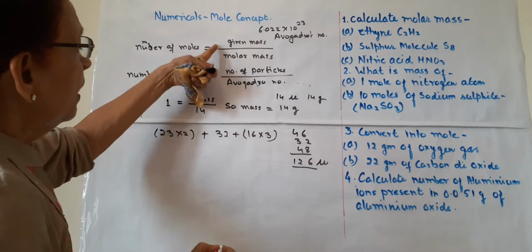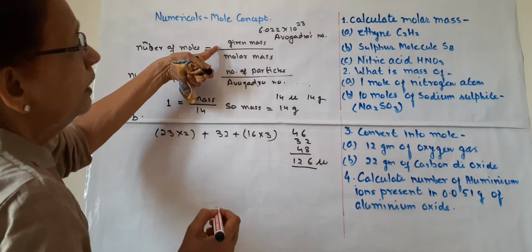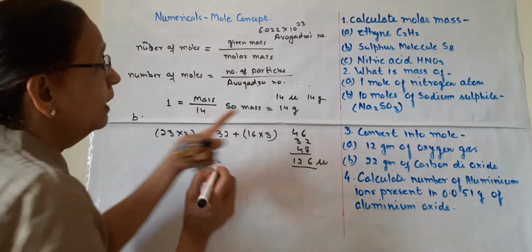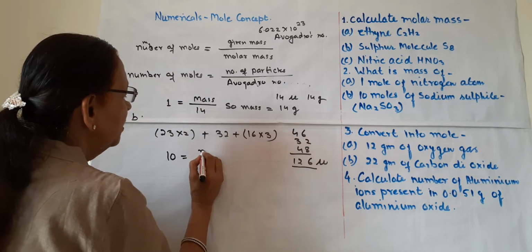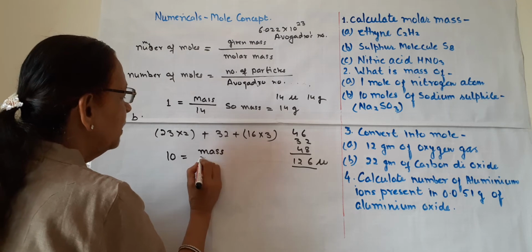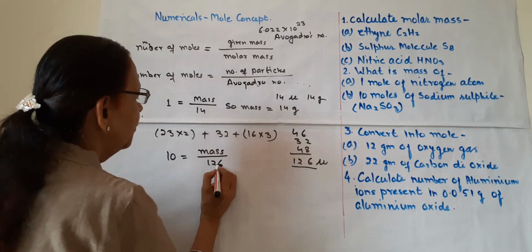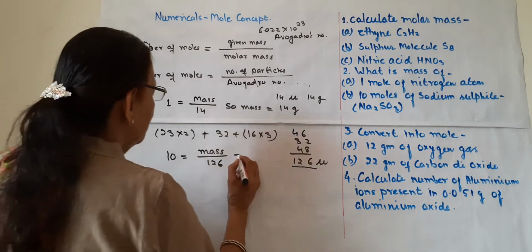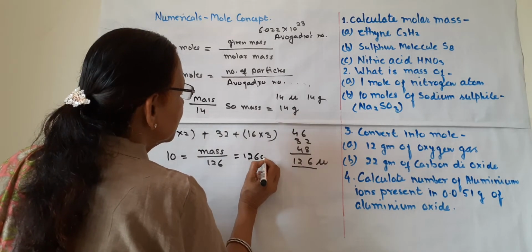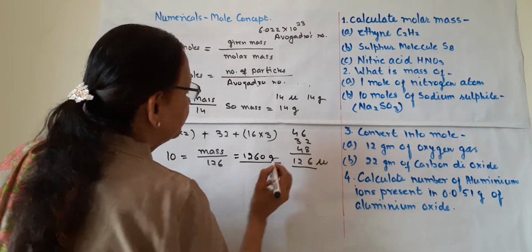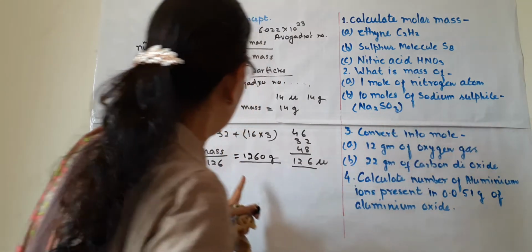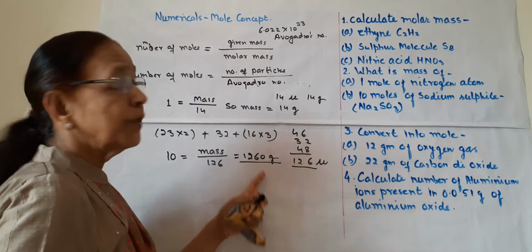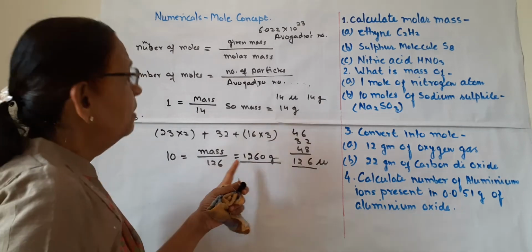So in this formula we have to calculate mass. Number of moles are given, 10. 10 is equal to mass to be calculated upon 126. So the mass will be 1260 gram. It means 10 moles of sodium sulfide will have 1260 grams of mass.